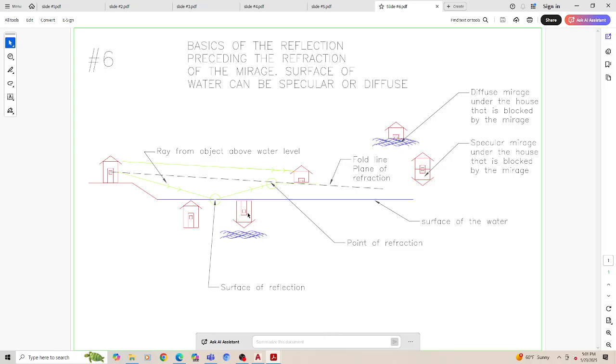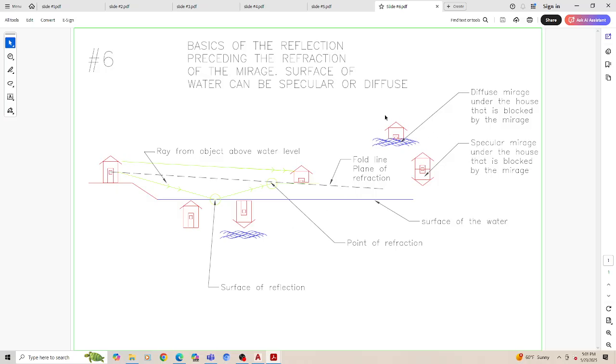Now, the information that's coming up off of the surface is also going to get trimmed up by the plane of refraction. And it is going to produce one of 2 scenarios, based on what is coming off of the surface of the water.